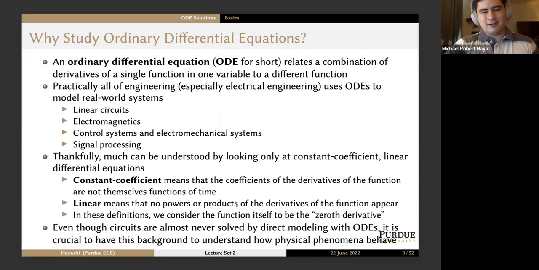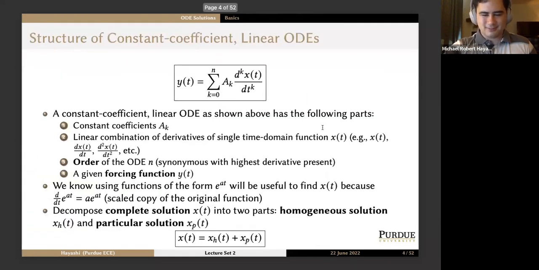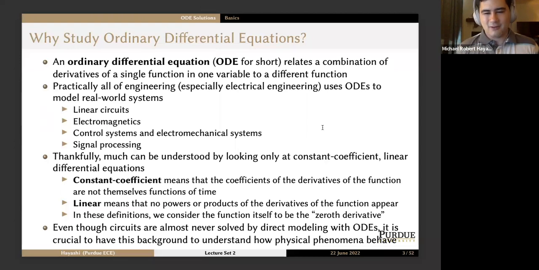Even though we almost never solve circuits by direct modeling with ordinary differential equations, it is crucial to have the background to understand how physical phenomena behave, and it's the backbone of the more advanced methods like convolution and Laplace transforms that will be studied in future lecture sets.